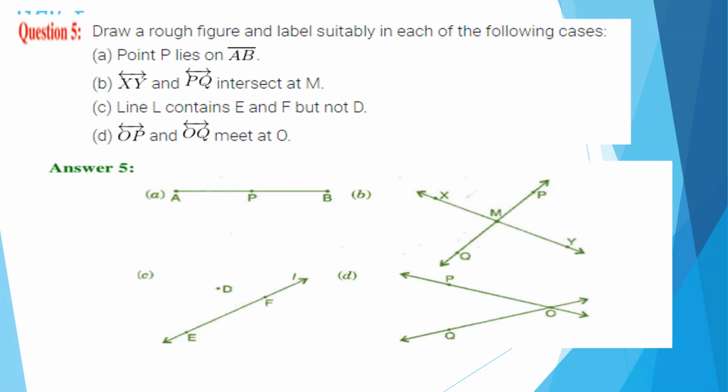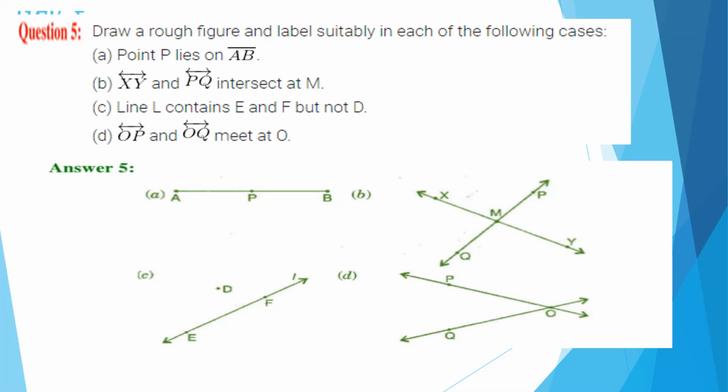Question number 5. Draw a rough figure and label suitably in each of the following cases. Point P lies on AB. So you have to draw a line and show this point P on the line AB.